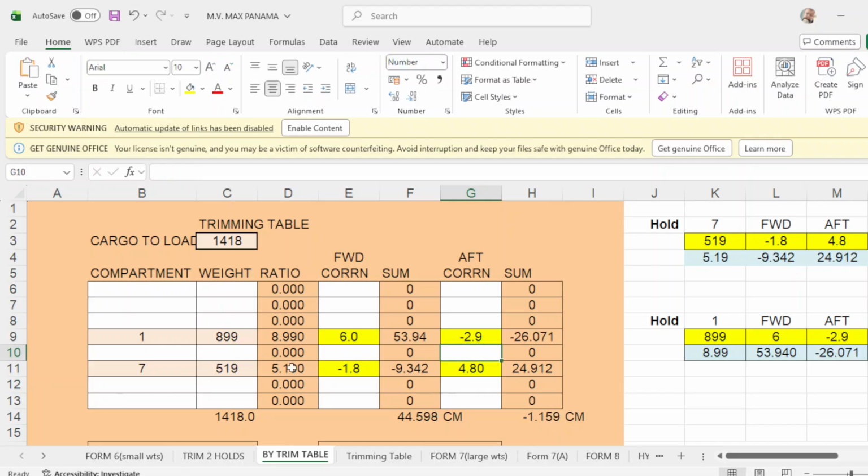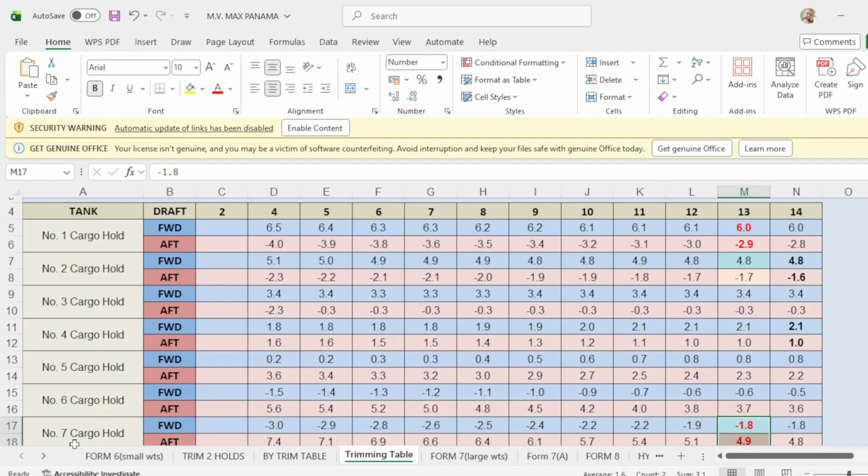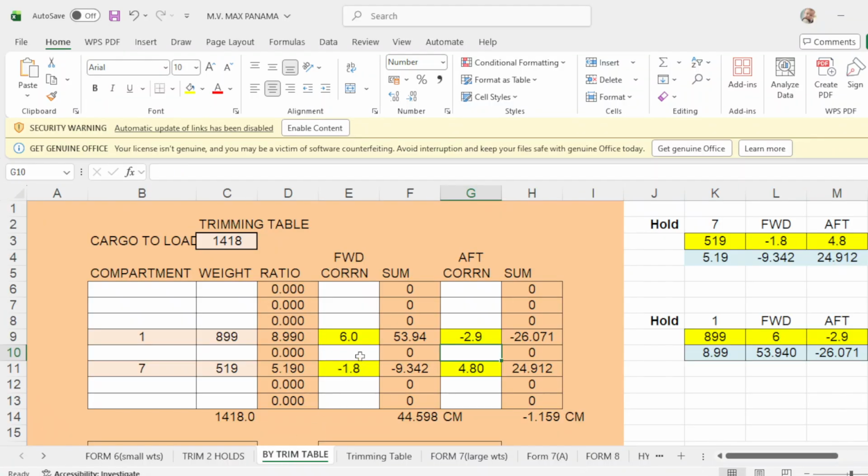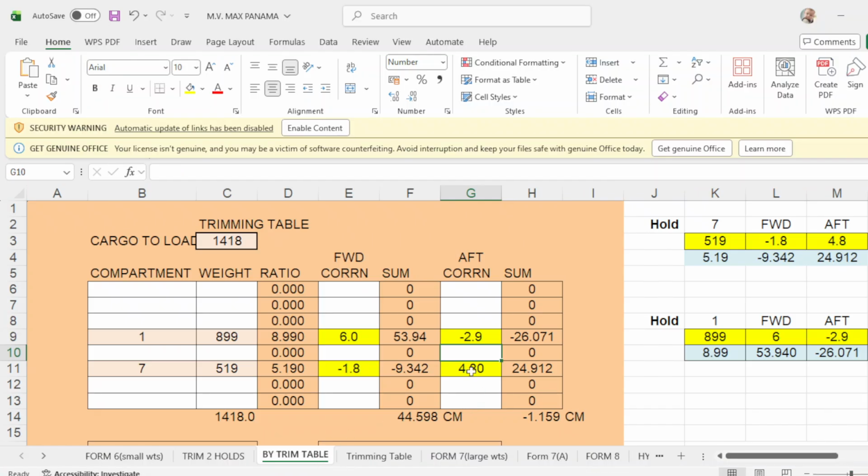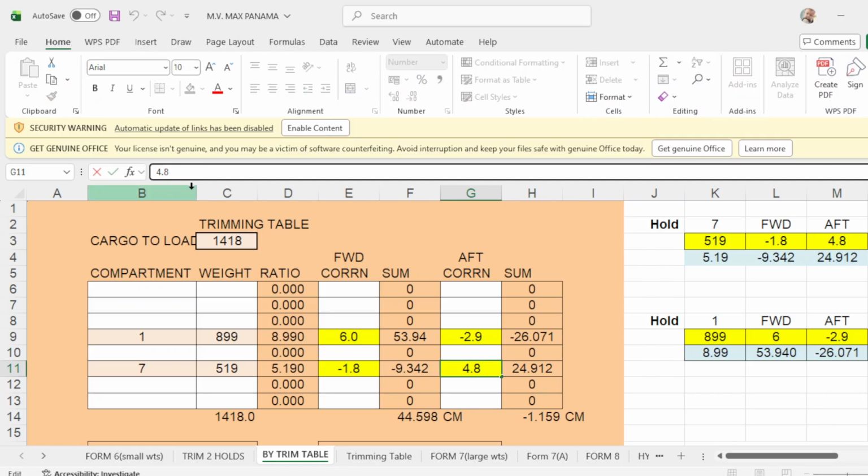And in number 7, forward correction is negative 18. There you have. And aft correction is 4.8, aft correction is 4.9. So you put here 4.9.